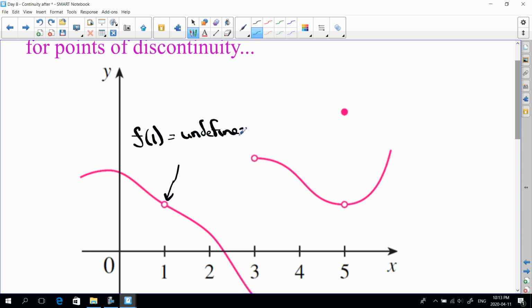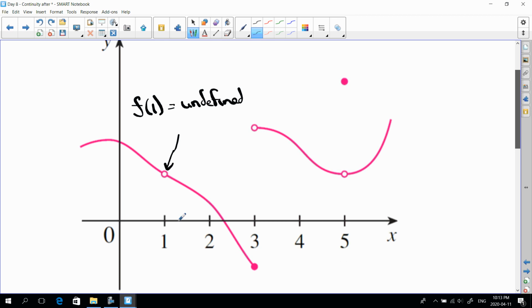There is no closed dot, no solid dot when x equals 1. So if I go over to where x equals 1, f at 1 is an open dot, which means it's undefined there. That would mean the function is discontinuous at f at 1, or when x equals 1.